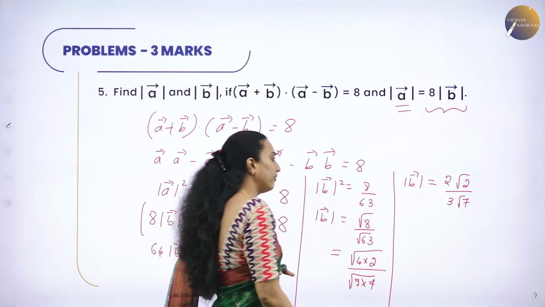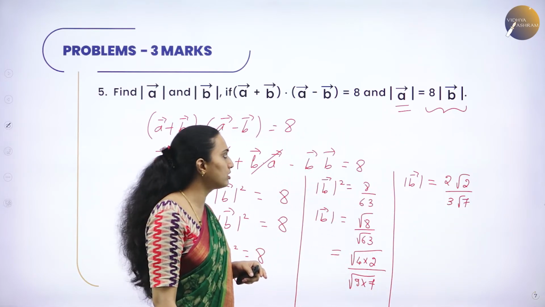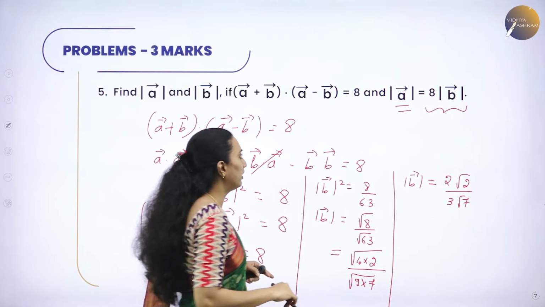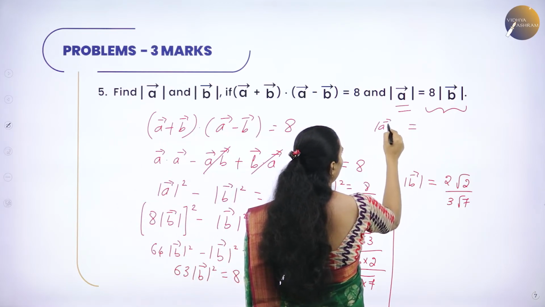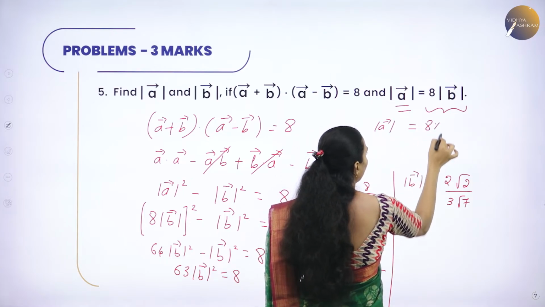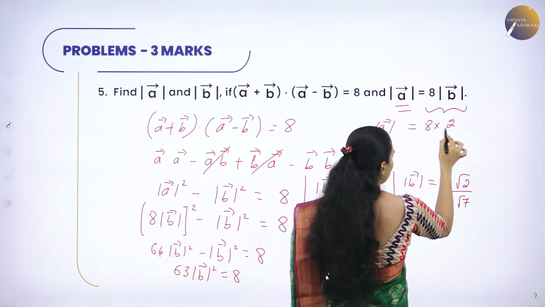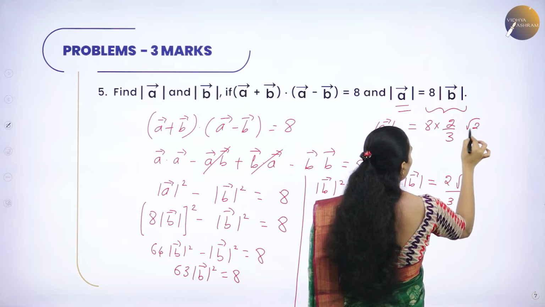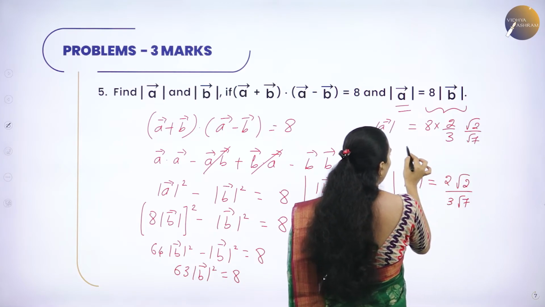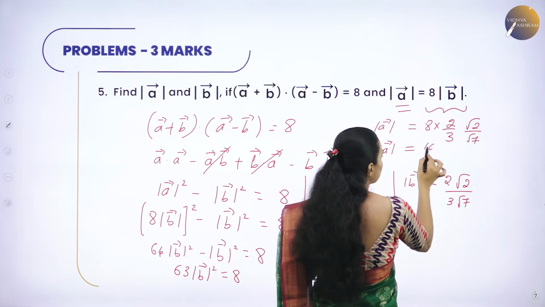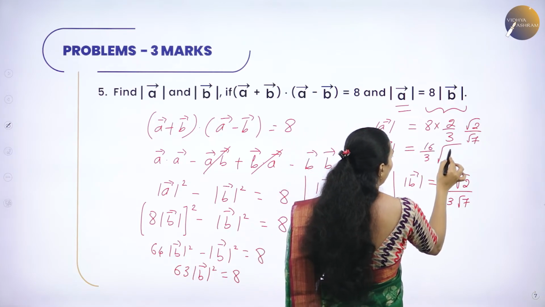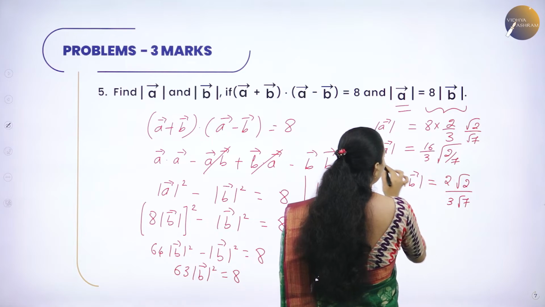If magnitude of B vector is 2 root 2 by 3 root 7, what is magnitude of A vector? Use the given condition, which implies magnitude of A vector is 8 times magnitude of B vector, which is 2 by 3 into root 2 divided by root 7. Otherwise, you can write magnitude of A vector is equal to 8 2s are 16 divided by 3 into under the root of 2 divided by 7.